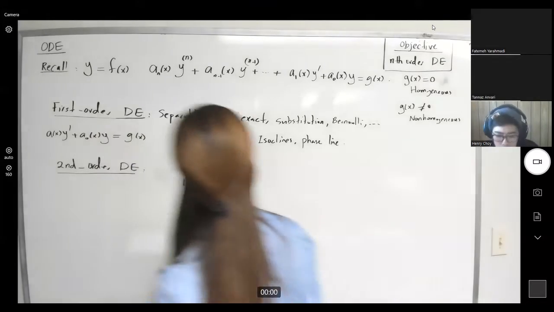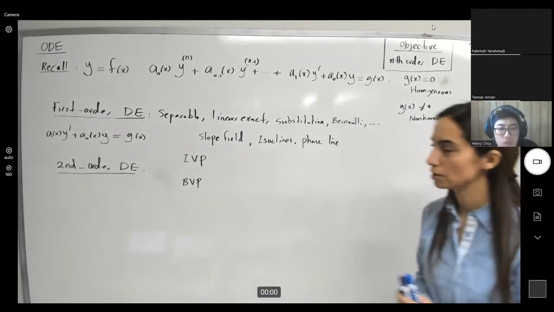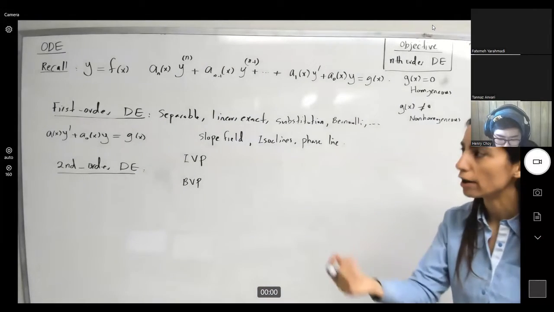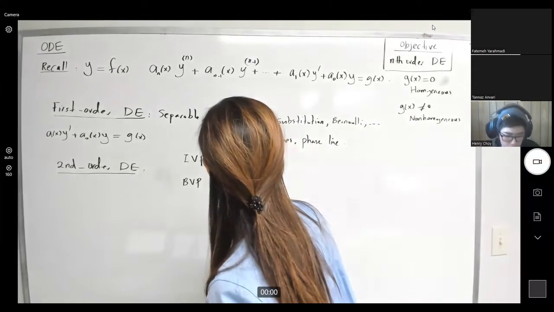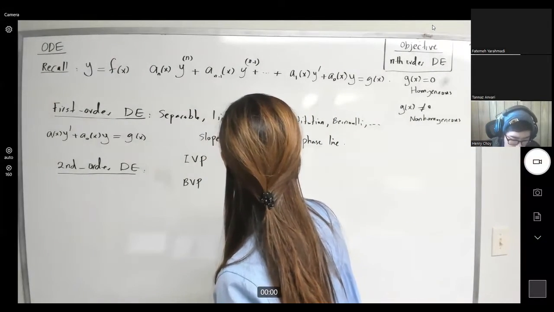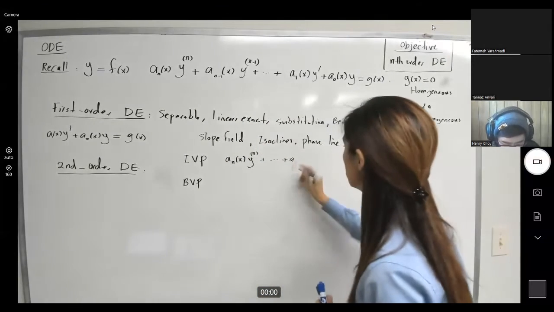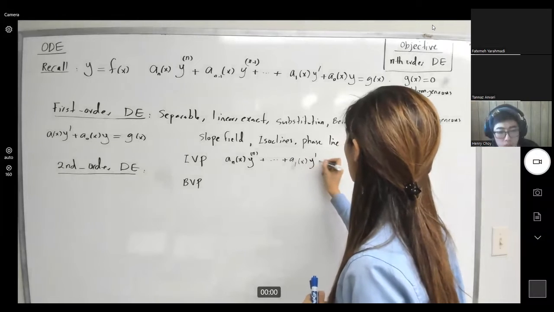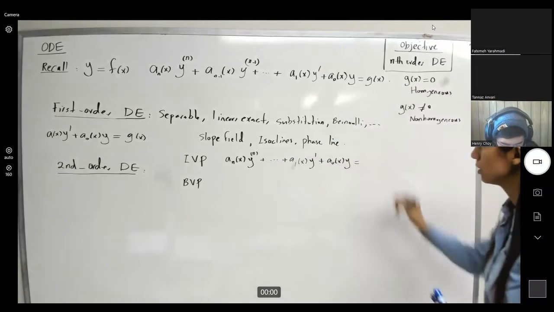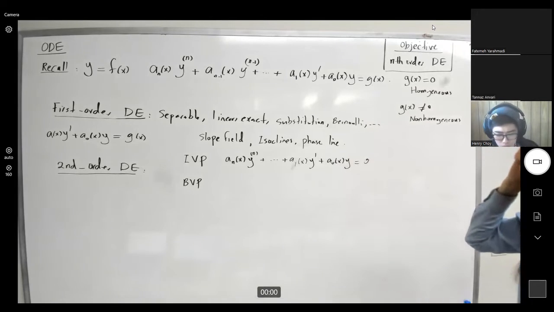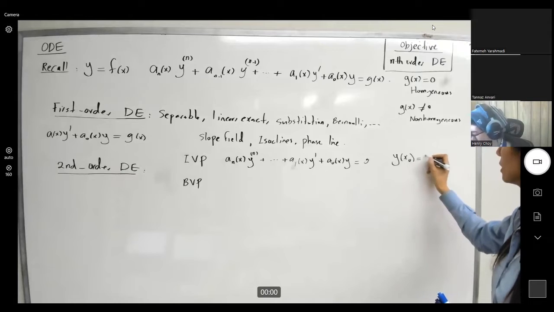So for initial value problems, you only had one x to deal with. For example, you had a_n(x) y^(n) plus the middle terms, a_1(x) y prime plus a_0(x) y equals to, well, here suppose you're dealing with a homogeneous differential equation, and your y at x sub 0 is y sub 0.